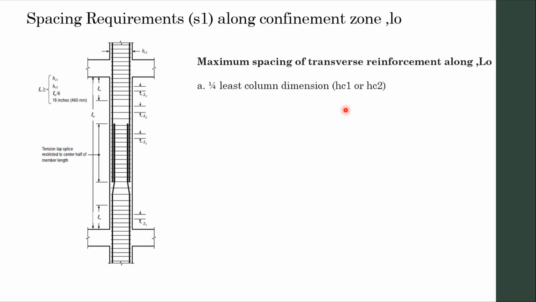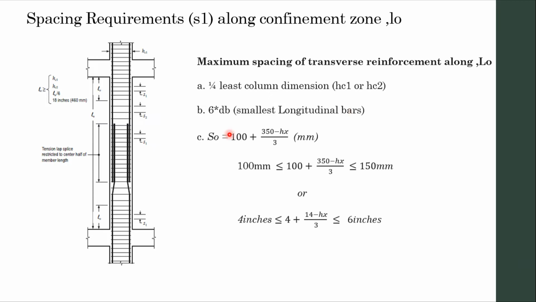So, ito yung 1/4 least column dimension, then the 6 dB of the smallest longitudinal bars. And S naught, ito yung 100 plus 350 minus HX all over 3 in mm. Pero, dapat hindi siya bumaba sa 100 mm or tumaas sa 150 mm. Take note of that. So, S naught is 100 plus 350 minus HX all over 3.